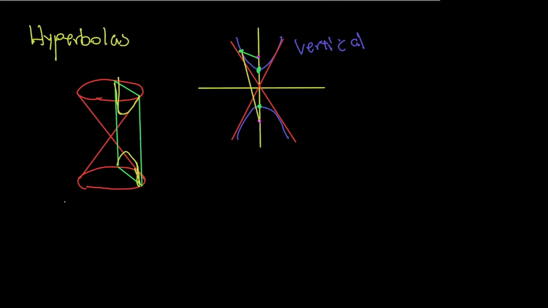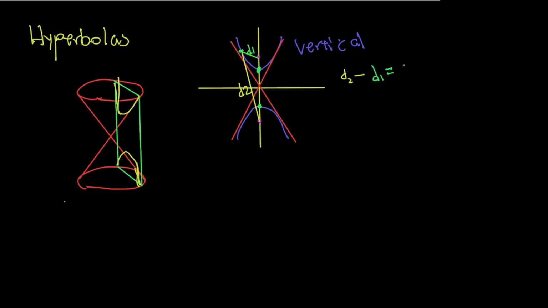So let's say this green is D1 and the yellow is D2. D2 minus D1 will always be the same.